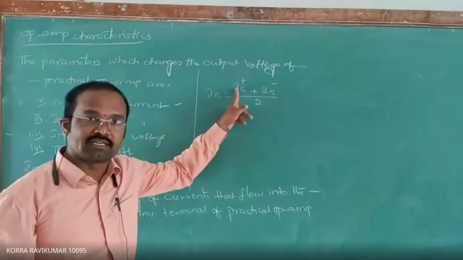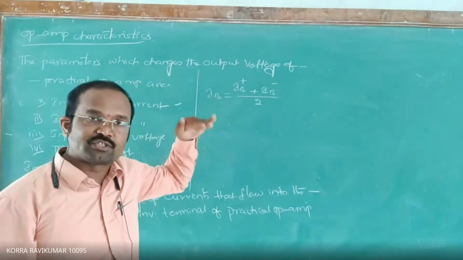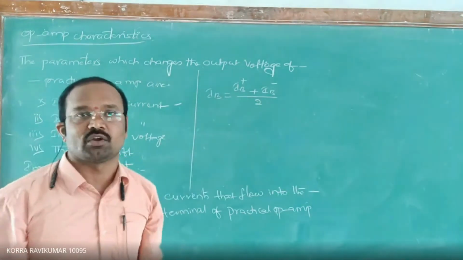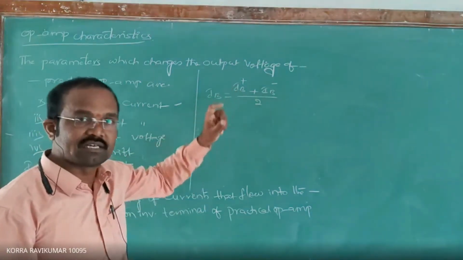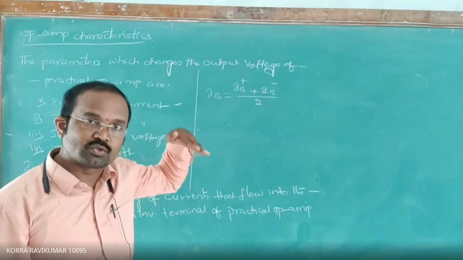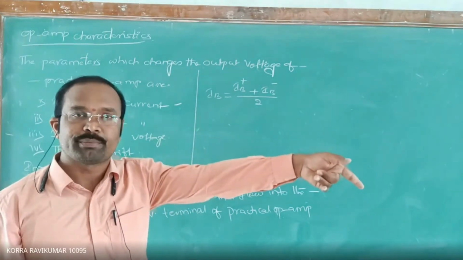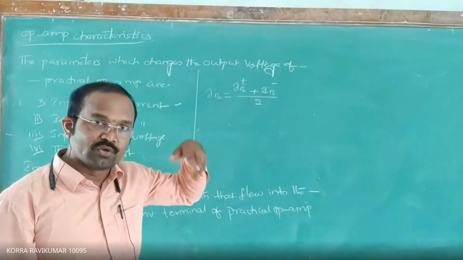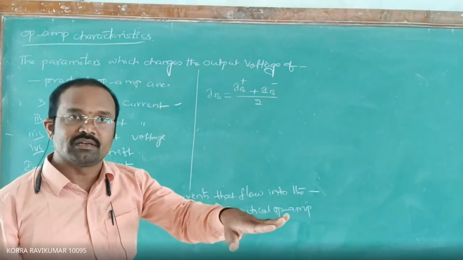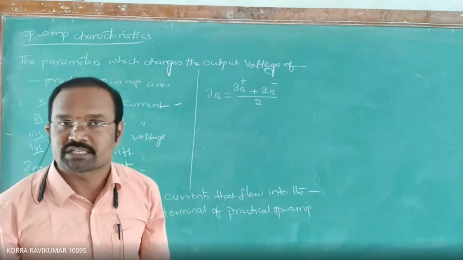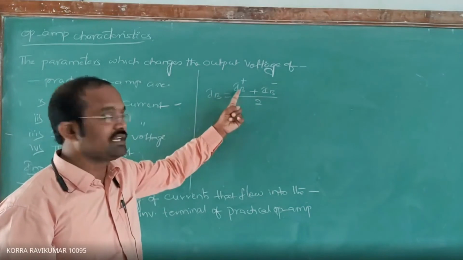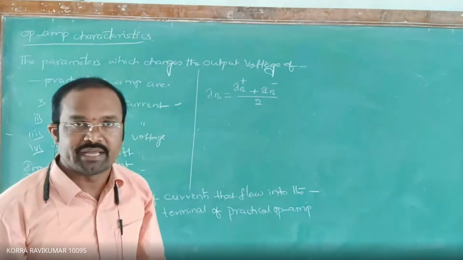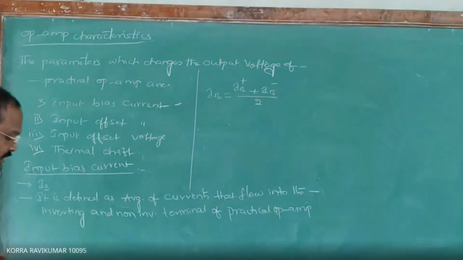IB plus is the bias current which flows from the non-inverting terminal into the practical op amp. IB minus is the current which flows through the inverting terminal and enters into the practical op amp. The average of non-inverting current and inverting current is nothing but the input bias current.